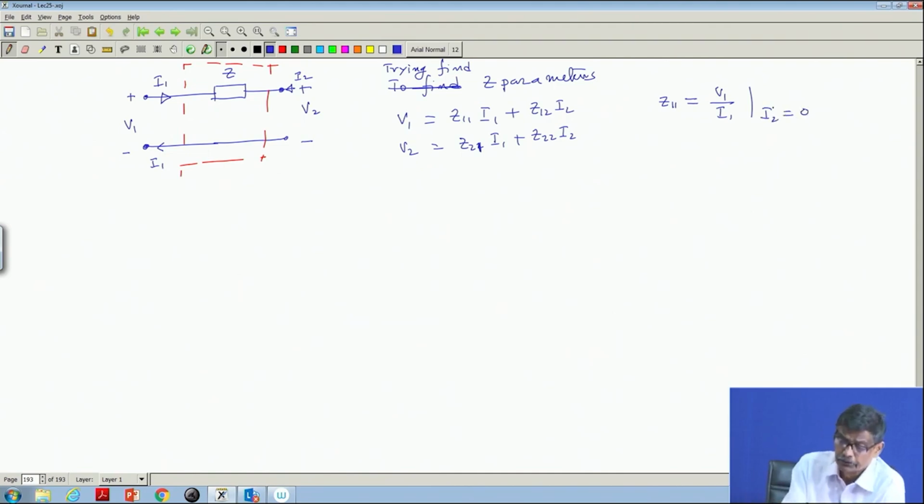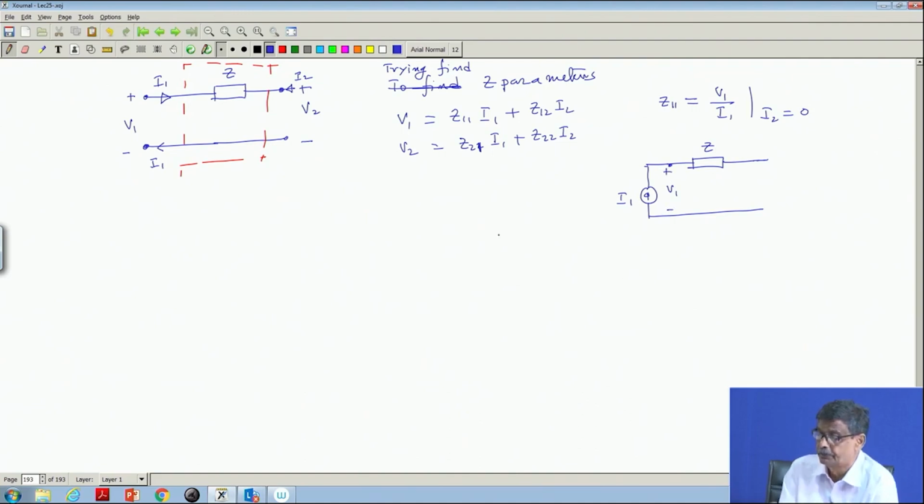So, as I told you, you have to excite this two port network with a current source I 1, and try to measure this voltage, as I told in the previous lecture.